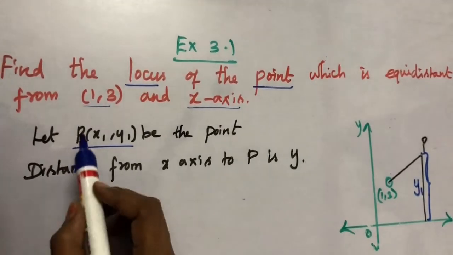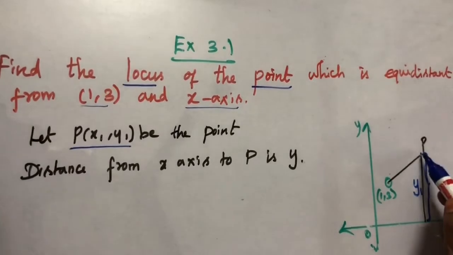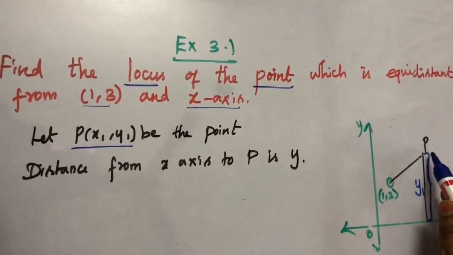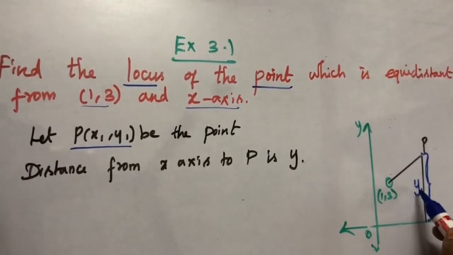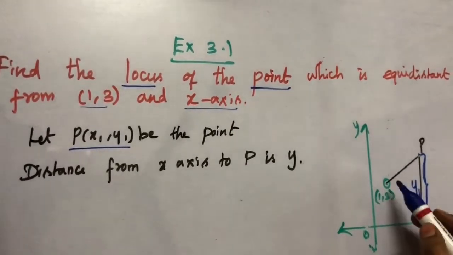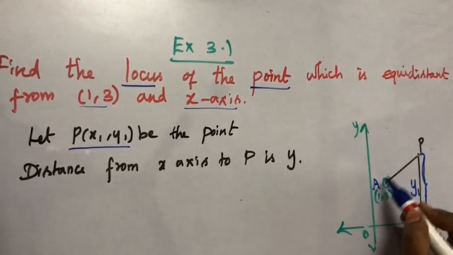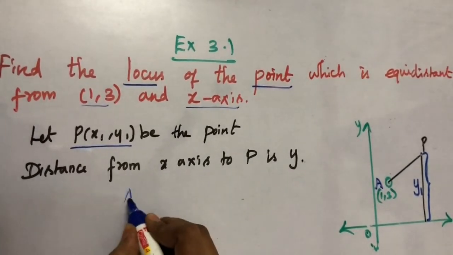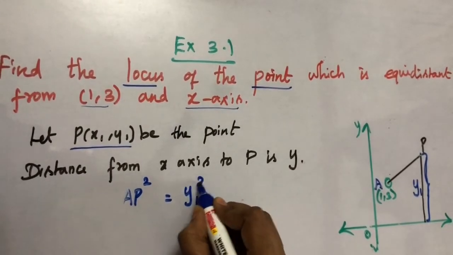As we are taking P of x1, y1 be the point, the distance between the point and x axis is equal to its y coordinate, because that is the distance it has. So it is y1 and the distance, if we take this point as A, distance between A and P is equal to y1. So AP square is equal to y1 square.